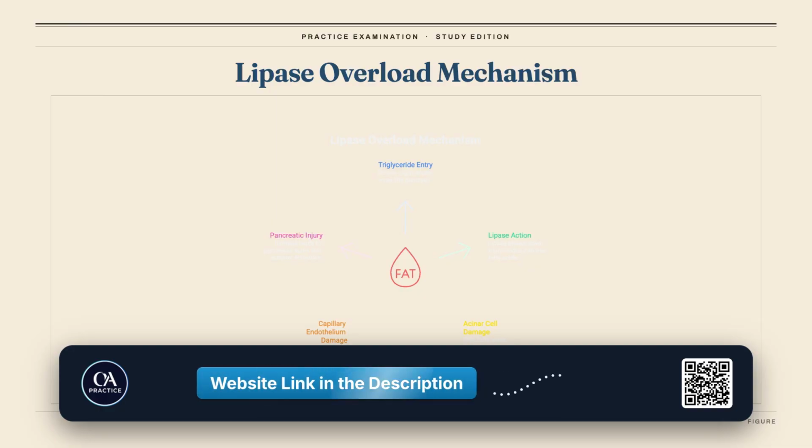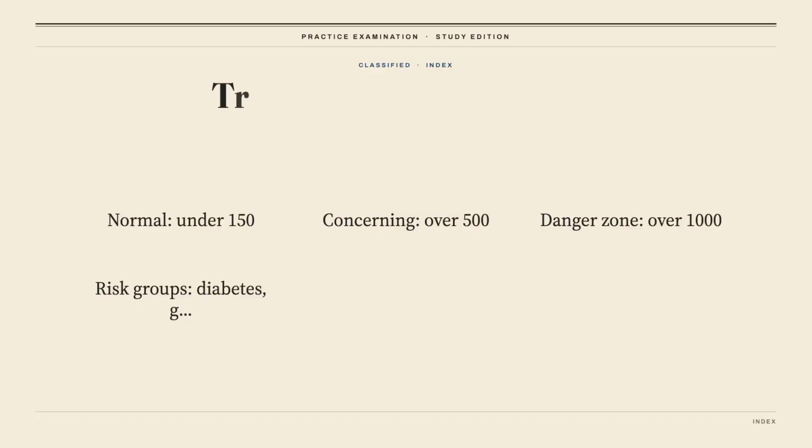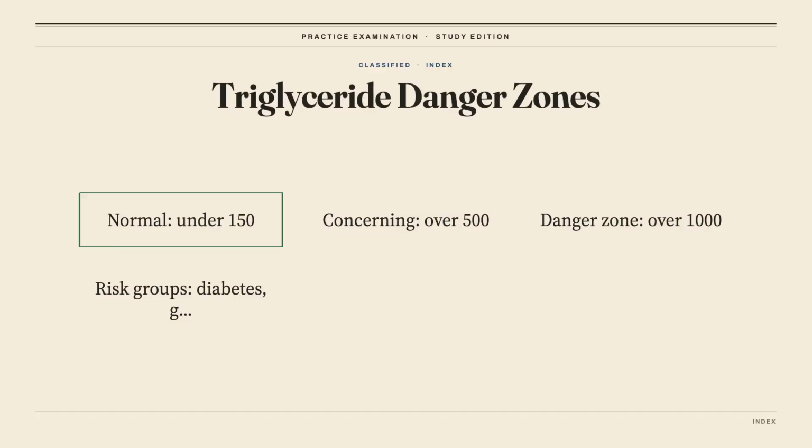It splits the excess triglycerides into free fatty acids, and those fatty acids directly poison acinar cells and the capillary lining of the pancreas, triggering injury and premature enzyme activation.